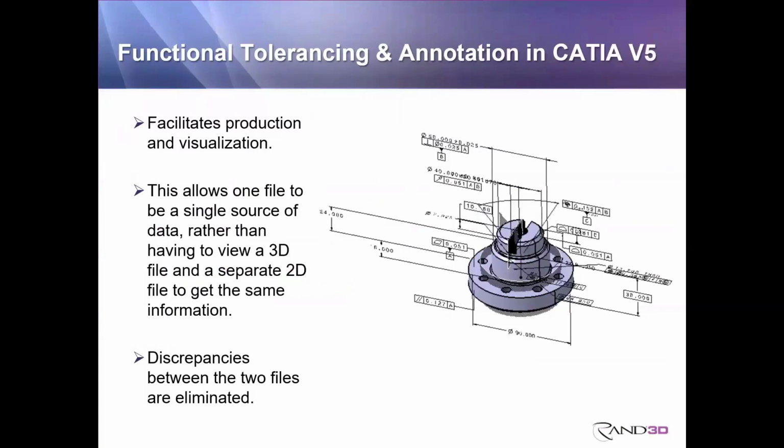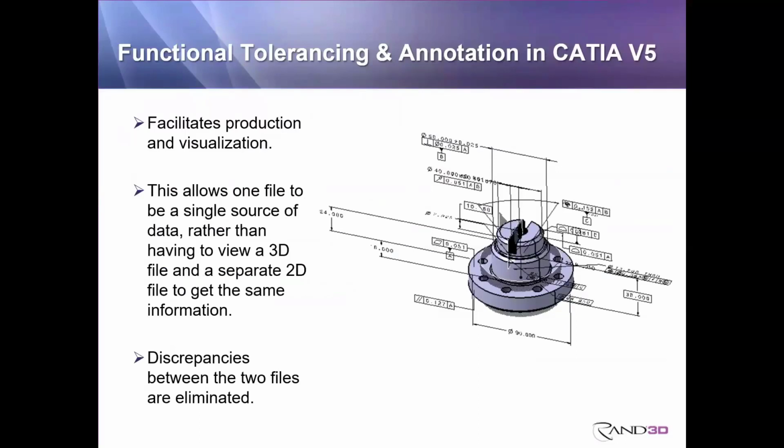So inside of our model, as you can see here on this slide, it does look a little chaotic because everything's visualized, but inside of the model you can see that I have what would eventually look like the 2D views from the drawing file, but it's now imposed inside of the 3D file itself.